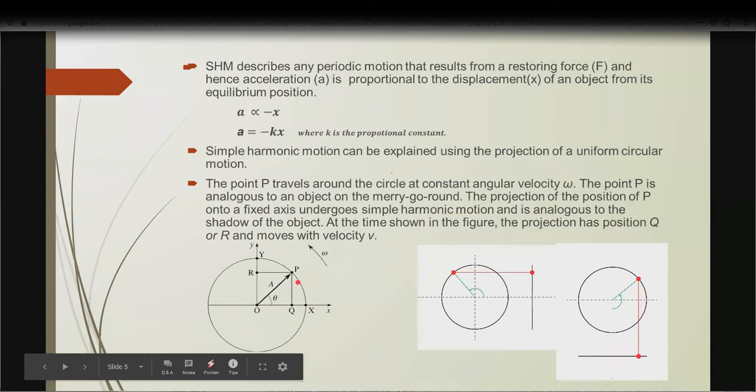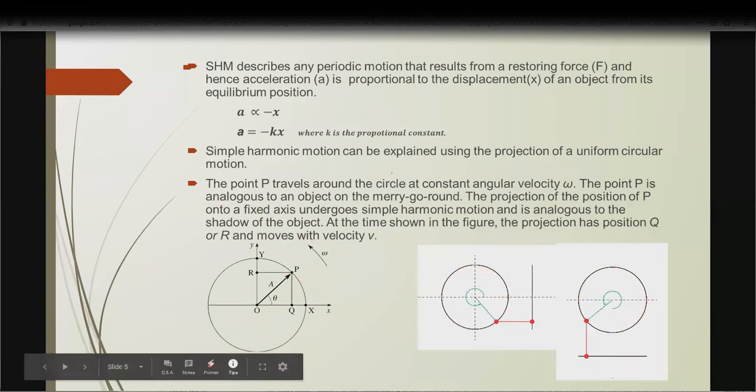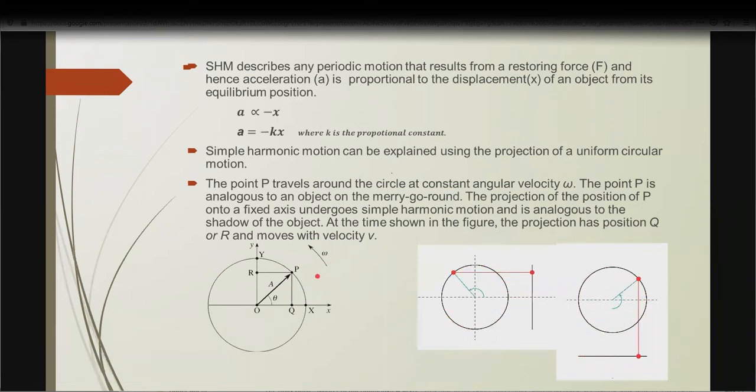So if we consider this point P, which is moving with uniform angular velocity omega, right?